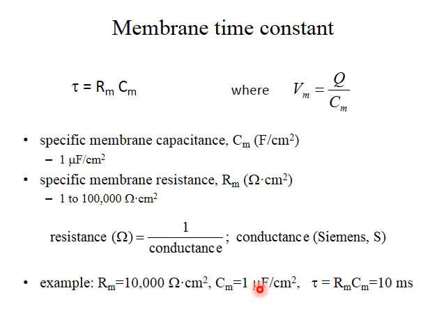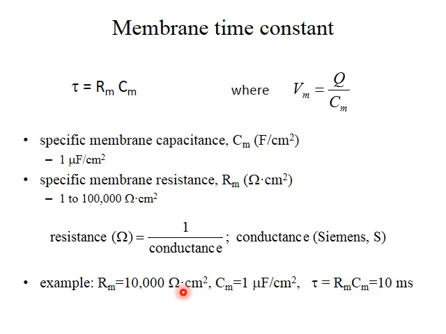And then if we calculate tau, which as you will recall is given by the equation R times C, membrane resistance times the membrane capacitance: if we multiply 10,000 ohms centimeters squared by 1 microfarad per centimeter squared, the 2 centimeter squareds cancel out, and we end up with a value of 10 milliseconds.